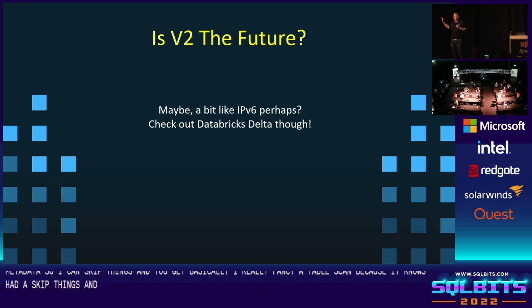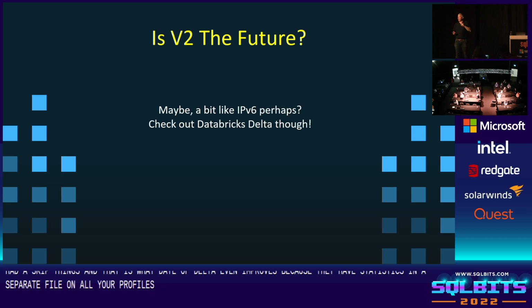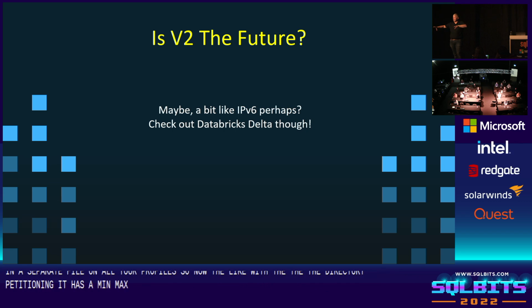And that is what Databricks Delta even improves, because they have statistics in a separate file on all your Parquet files. So now, like with the directory partitioning, it has min-max values on all your columns from all the files, so it knows which files to process.